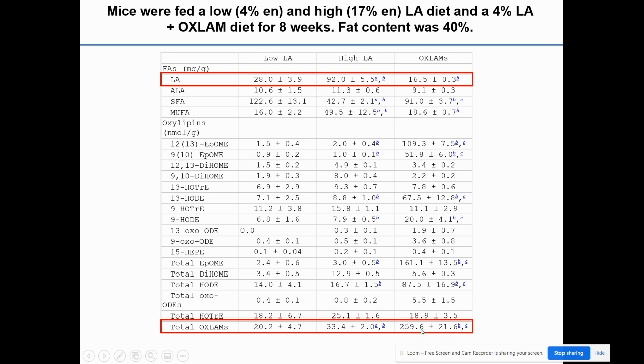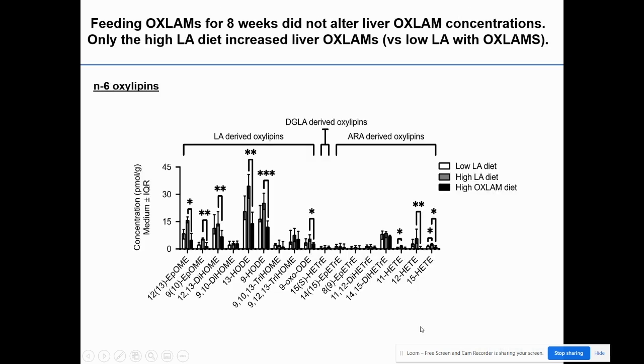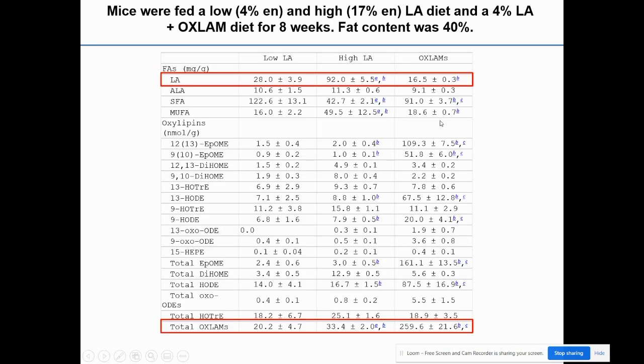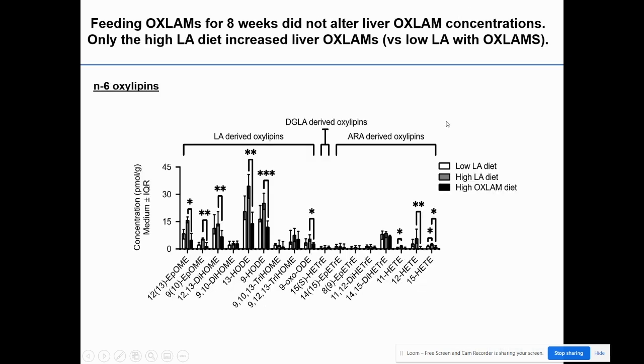So 3 diets were fed to the mice for 8 weeks. And we looked at the incorporation of OXLAMs in liver and then brain. We just wanted to know, do they get into the body? If you feed them through this dietary intervention, the high OXLAM diet, do they accumulate in liver and brain?